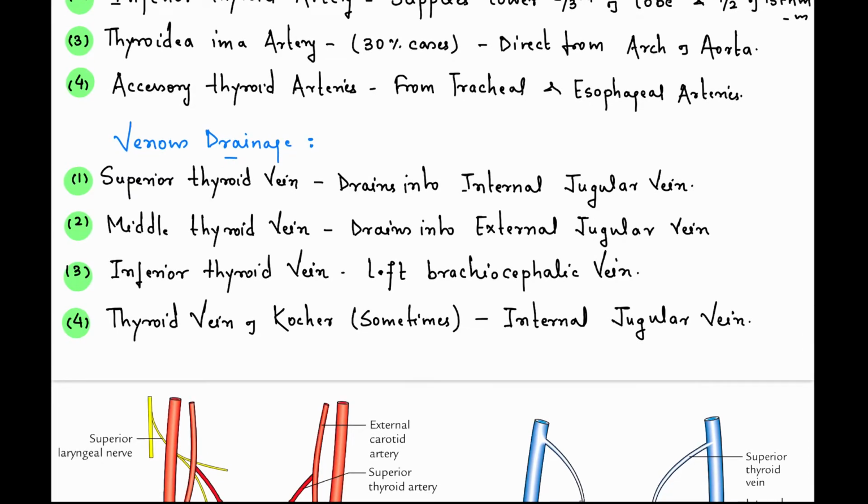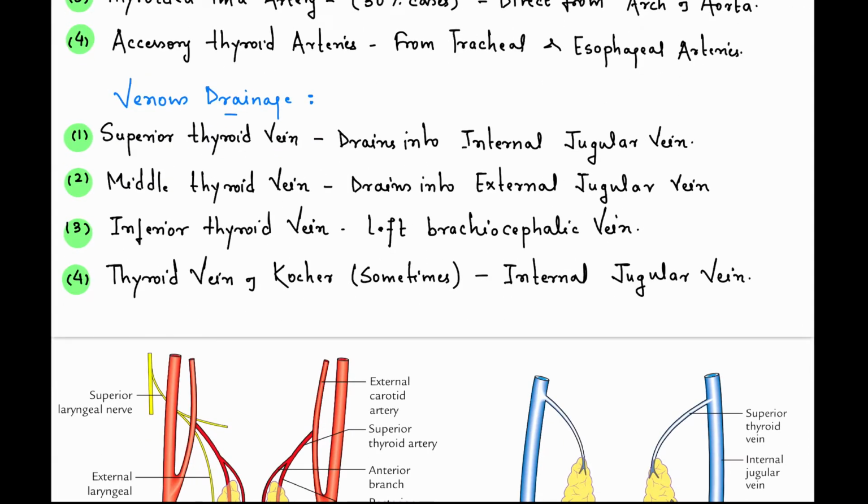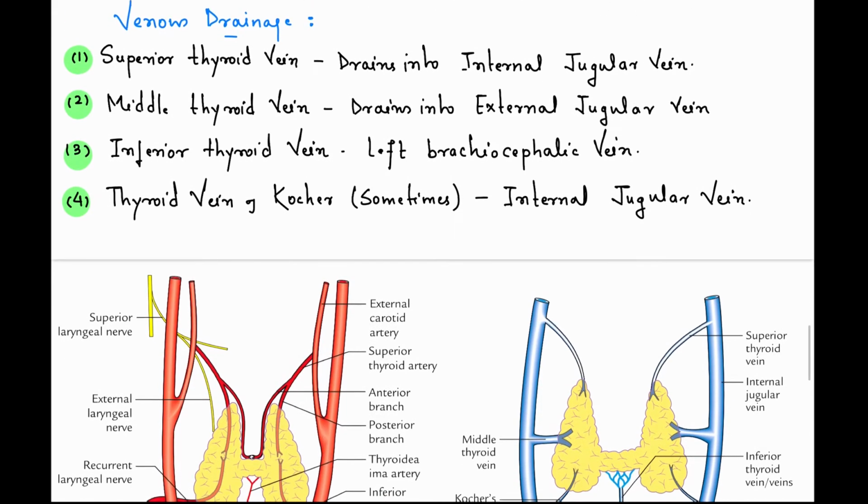The 4th one is the accessory thyroid arteries, from the tracheal and esophageal arteries. Talking about venous drainage, there are 4 venous drainages also. The superior thyroid vein drains the superior part of the thyroid gland and drains into the internal jugular.